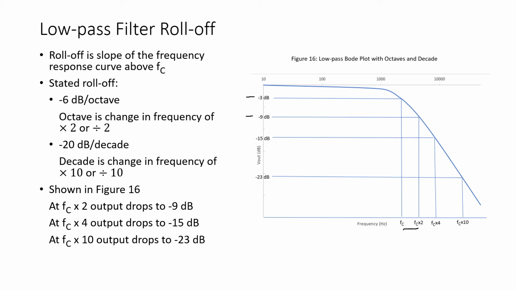And of course, from the cutoff frequency 2 octaves above, FC times 4, the output will drop by again another 6 decibels from 1 octave above to 2 octaves above to a level of -19 dB. And of course, a decade above the cutoff frequency, the output will drop 20 decibels or to a level of -23 dB.